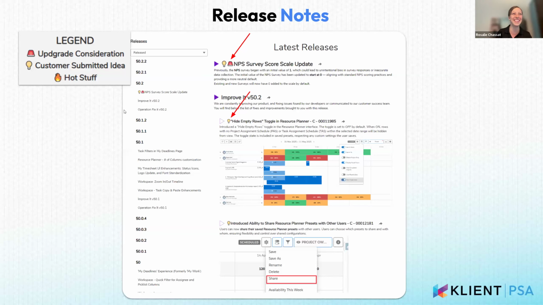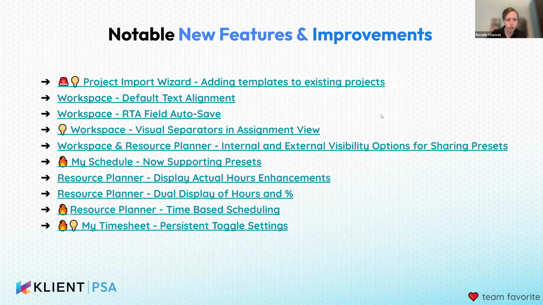They're all cool, but the fire emoji is for those. The upgrade consideration emoji allows you to do a quick search. When you're upgrading, if you want to know what's most important and what you need to do as a system admin, you can search for that emoji and it will show you all the most relevant notes.